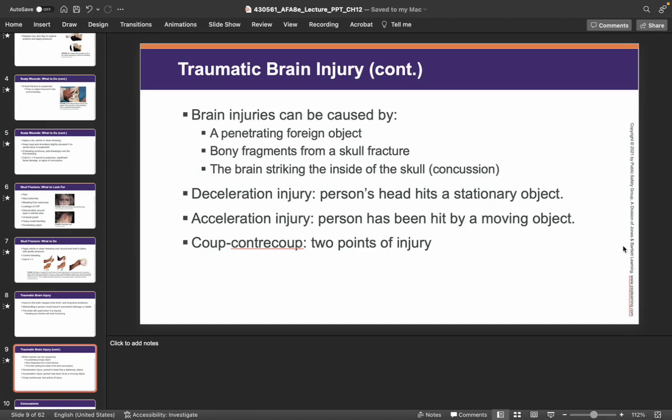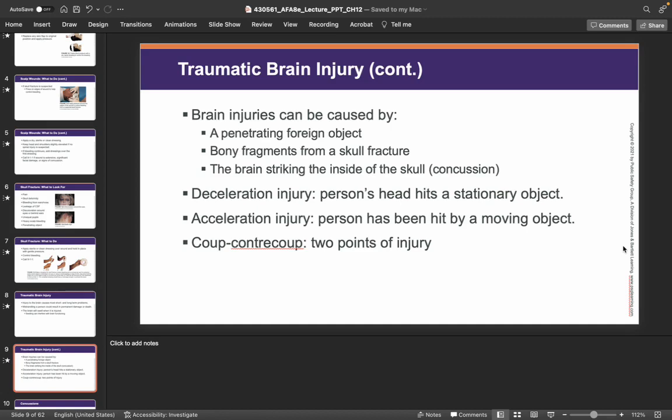Okay, so there's 3 different types. There's a deceleration injury. So if the person's head hits a stationary object, that's deceleration. Anytime there's an acceleration injury, that's when somebody's been hit by something that's moving. Tons of examples of that. And then a coup contrecoup.